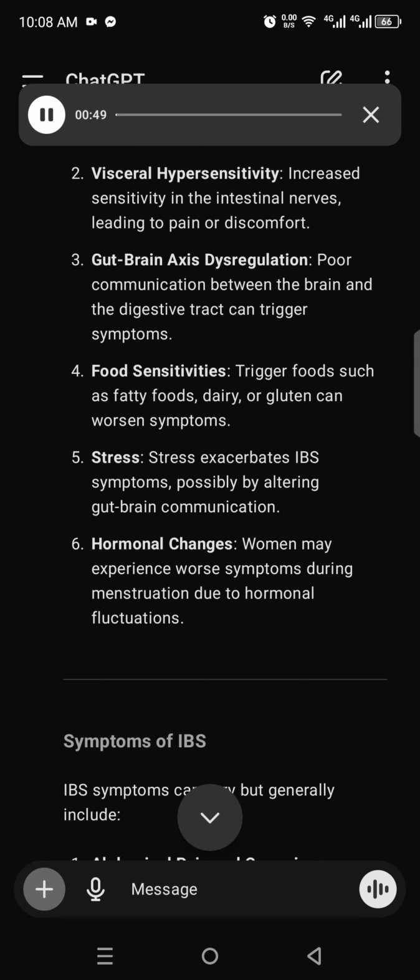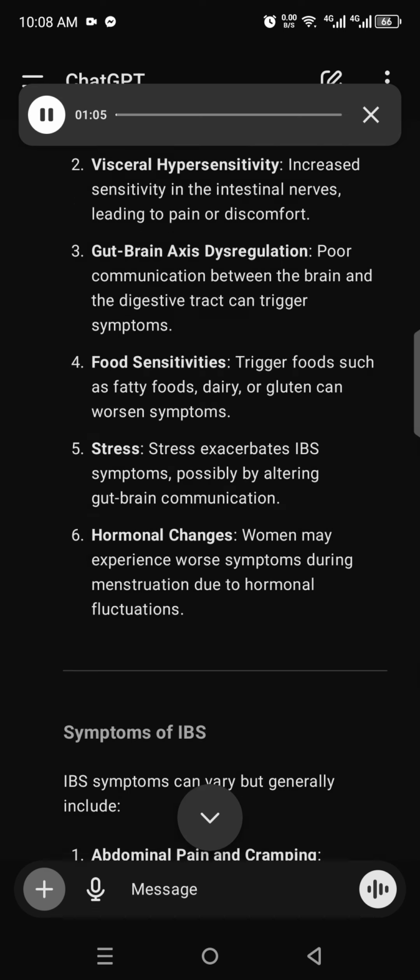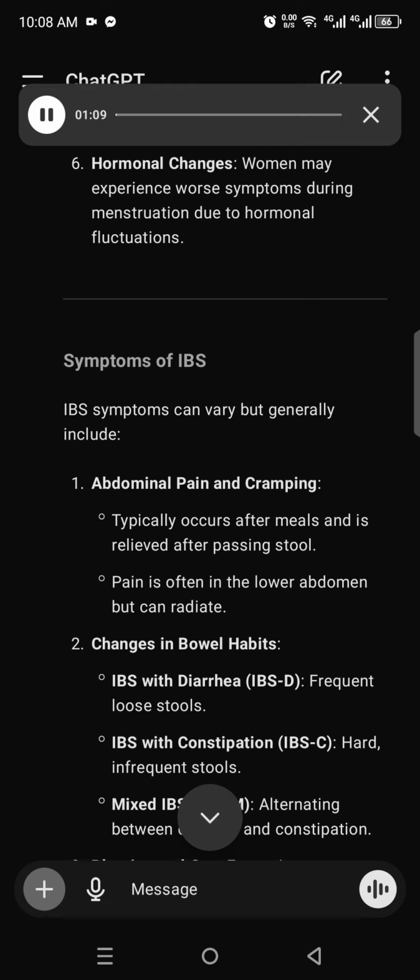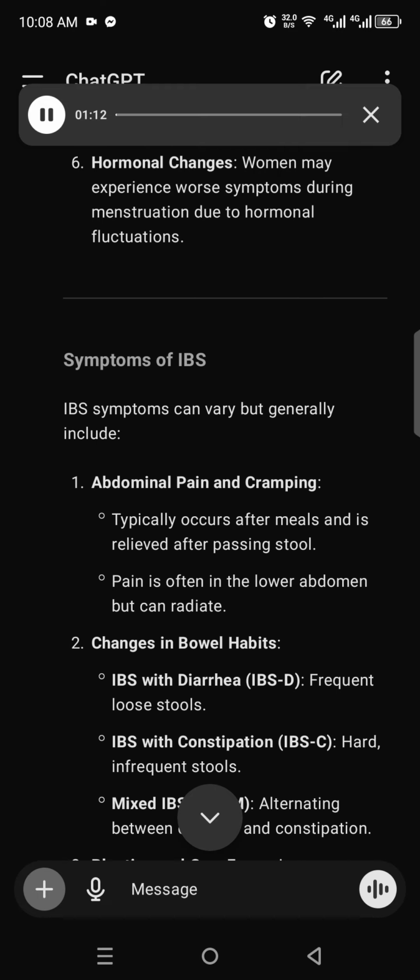Poor communication between the brain and the digestive tract can trigger symptoms. 4. Food sensitivities. Trigger foods such as fatty foods, dairy, or gluten can worsen symptoms. 5. Stress. Stress exacerbates IBS symptoms, possibly by altering gut-brain communication. 6. Hormonal changes. Women may experience worse symptoms during menstruation due to hormonal fluctuations.